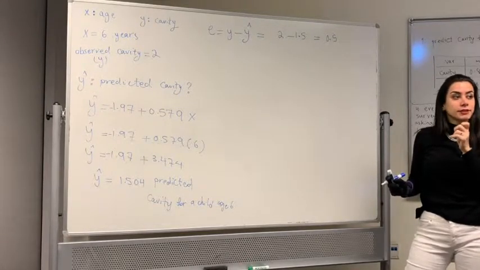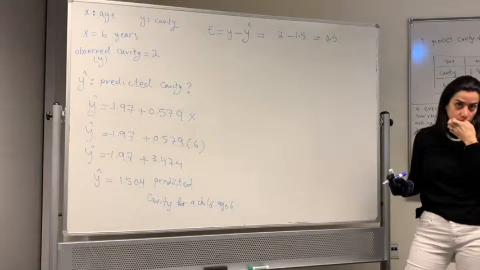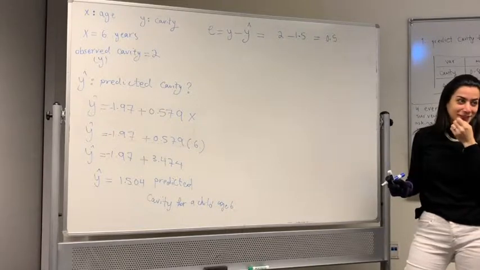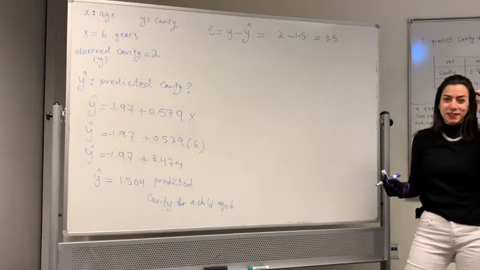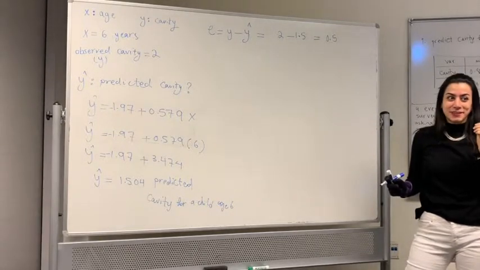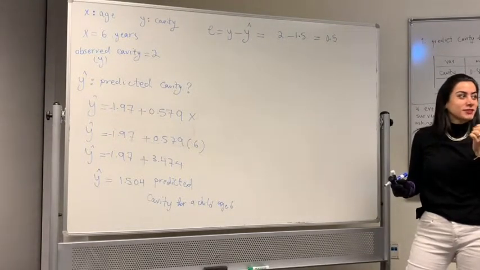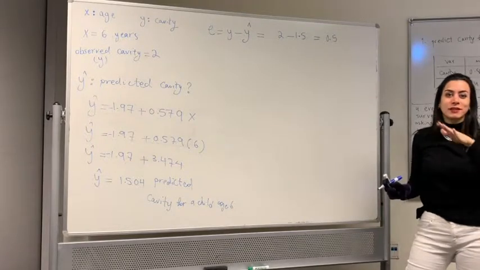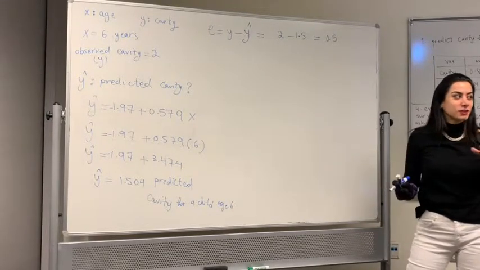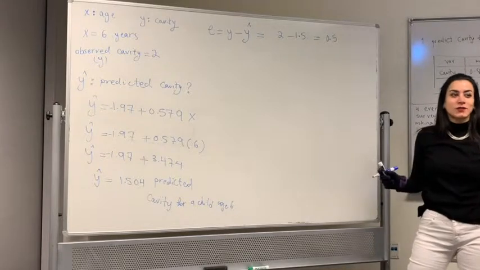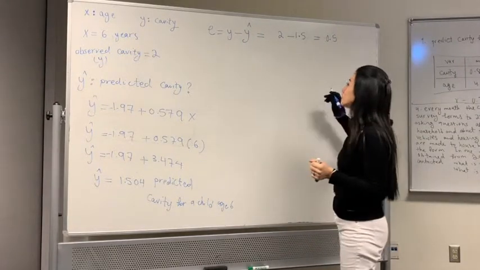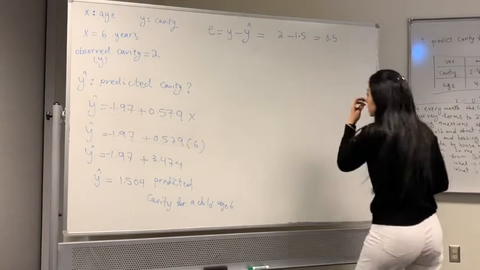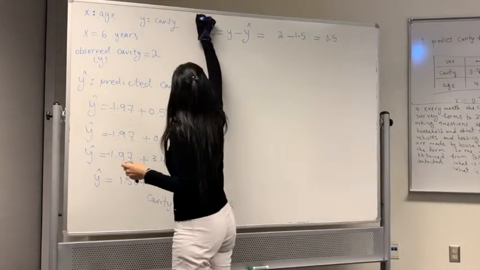So if residual is 0, on the line, correct? Because there is not any difference between predicted y and observed y. And all the predicted y's are always on the least square regression line. That's why any residual for points on the line will be 0. Okay, so this is residual or error.